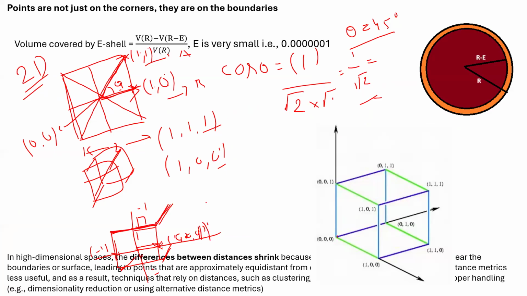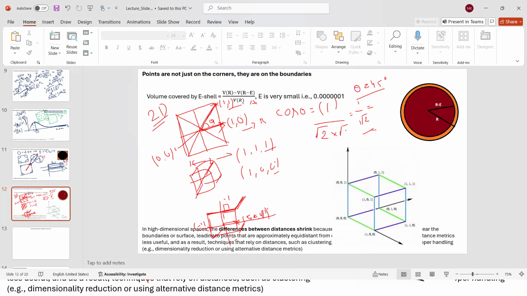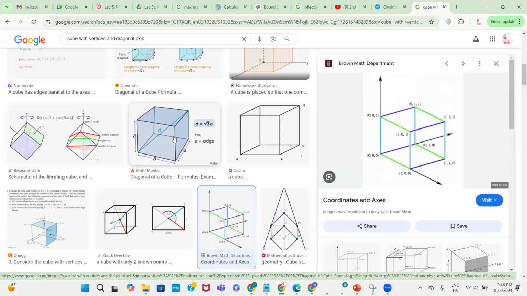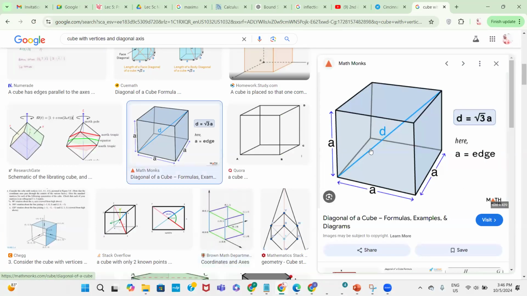So this is (0, 0, 0). This is one point, (1, 1, 1). I also want to show you how the diagonal axes look. So this is the diagonal axis. Here is (0, 0, 0).